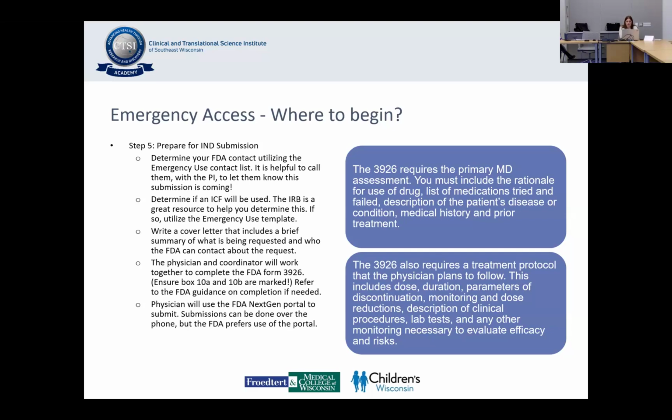But it does also require a treatment protocol that the physician plans to follow, including dose, duration, dose continuation, monitoring and dose reductions, all that kind of stuff. So if you don't have all of that included in there, they're going to send it back and ask for it. So just making sure that all of those elements are included in your 3926, because the whole purpose of it is that the FDA can literally look at that form and see exactly what you plan to do the entire time the patient's on drug.